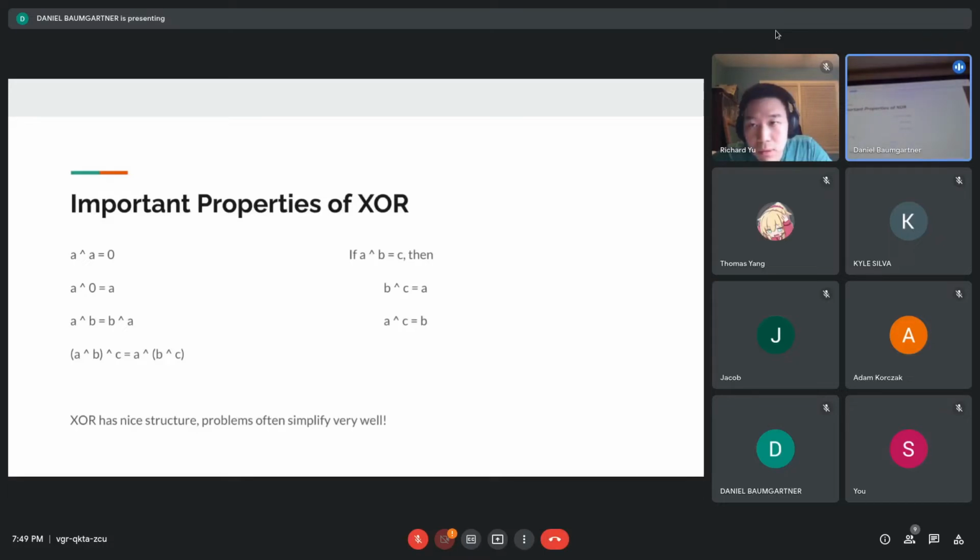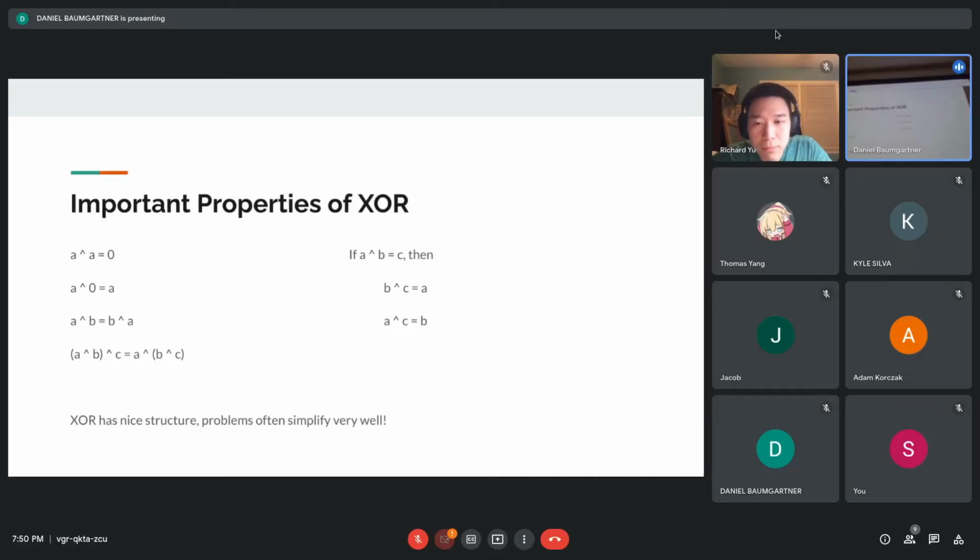Then we have A XOR 0 is A for any A. That's similar to the first one, but you can just check manually that 1 XOR 0 is 1, 0 XOR 0 is 0. So it's reasonable that 0 is the XOR identity. It doesn't change the number.